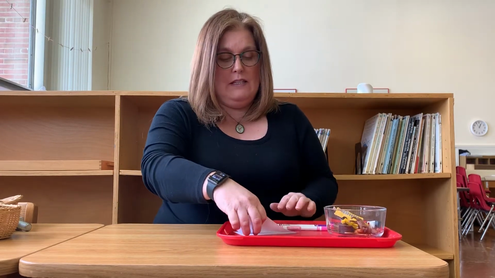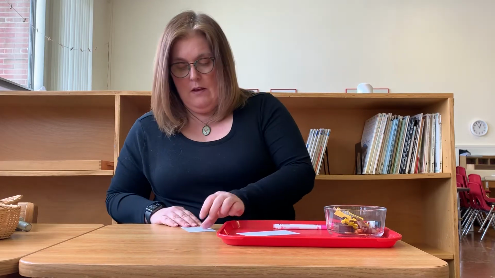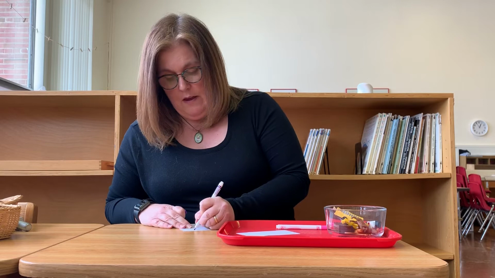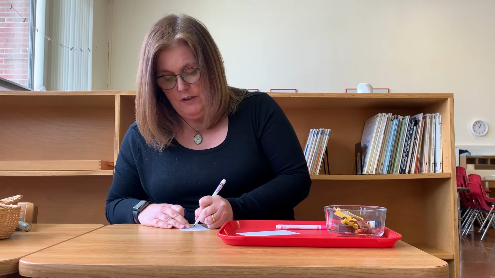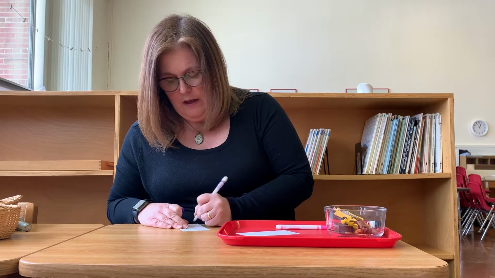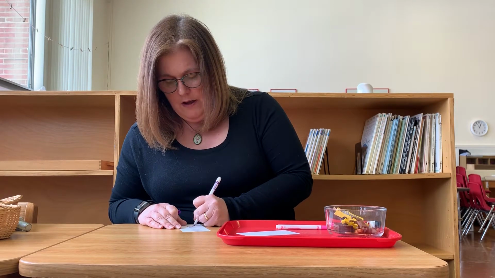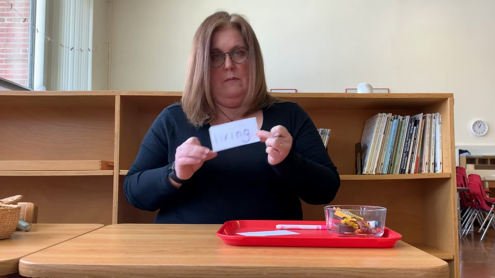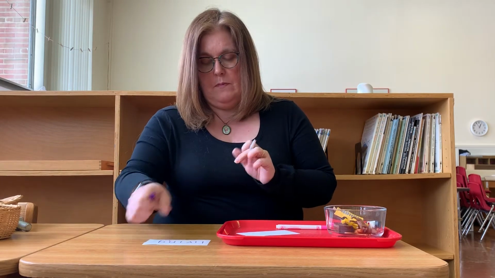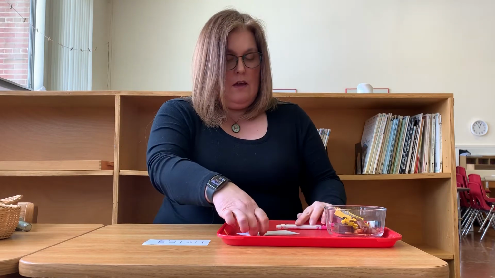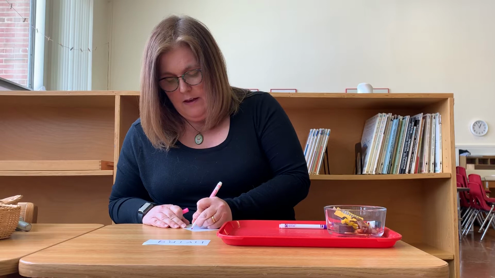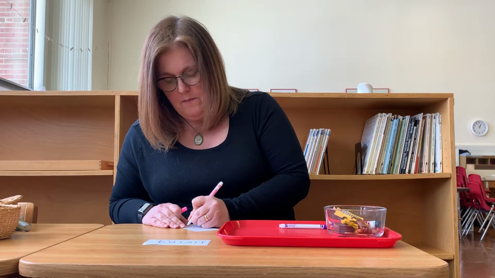Again, we have 2 pieces of paper, and on the first we are going to write living. I am going to use 2 different colors to tell the difference for our non-readers. The purple one says living. The pink one is going to say not living.